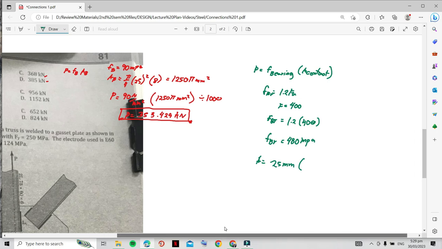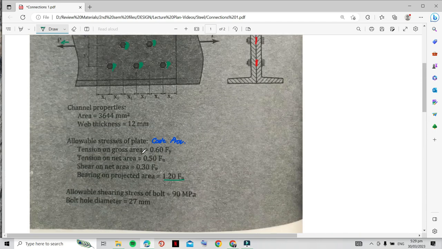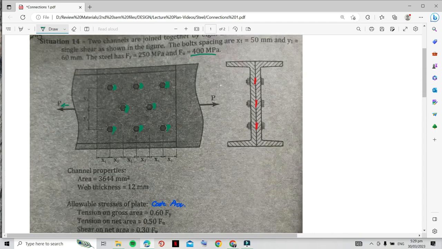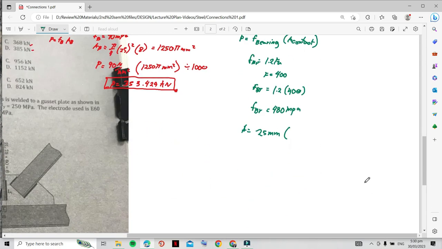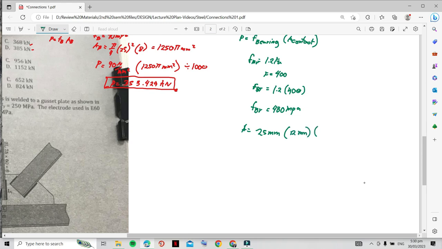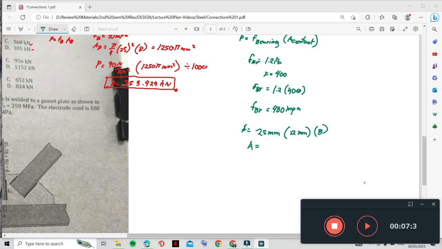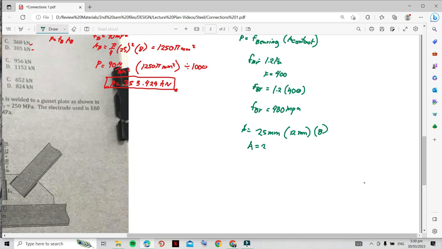The thickness of the plate, I think, is 12, the web thickness. Yes. This is where the bearing failure will happen as you pull force P. So 25 times 12 mm times the number of bolts. There are 8 bolts, so you must multiply by 8. You have the area equal to 2,400 mm squared.